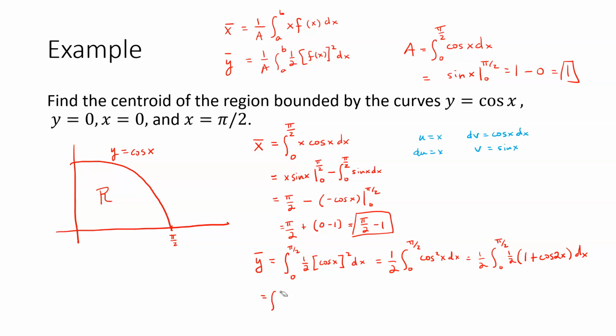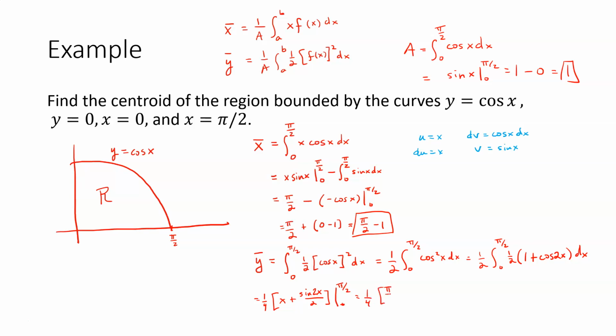Okay. So now we'll have 1/2 times 1/2, we'll have a 1/4 in front. And let me integrate now. So it'll be integral of 1 is x, plus integral of cosine of 2x will be sine of 2x over 2. And then we'll evaluate from 0 to pi over 2.